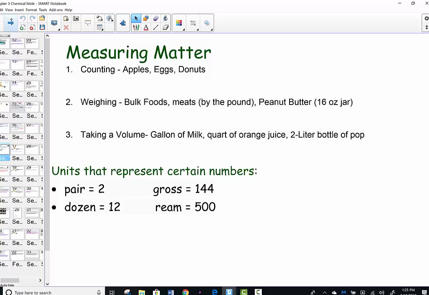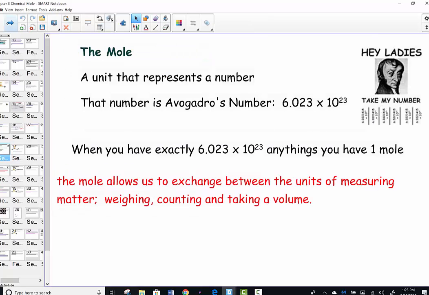It's a word that represents a number. These words and numbers are the same thing as a chemical mole. The mole represents a number, and it's a very, very, very big number because atoms are so small. When I think of the word mole, it's a number, and it's called Avogadro's number, and that is definitely a real picture of Amadeus Avogadro. I know.